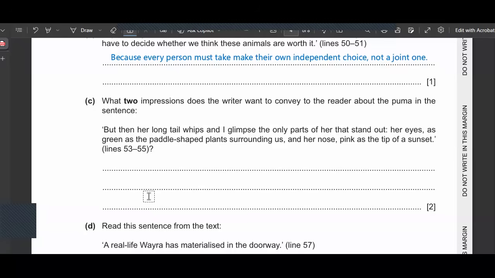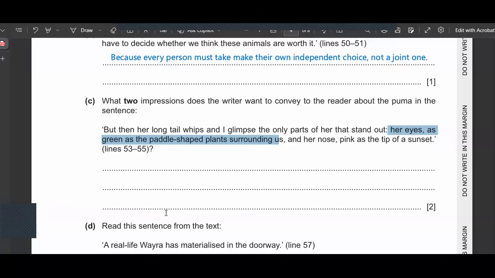Her long tail whips and I glimpse. So here the author is talking about the movement, right? And if we go to the phrase, her eyes as green as paddle shaped plants surrounding us, that means her eyes were very evidently visible even among the green plants.